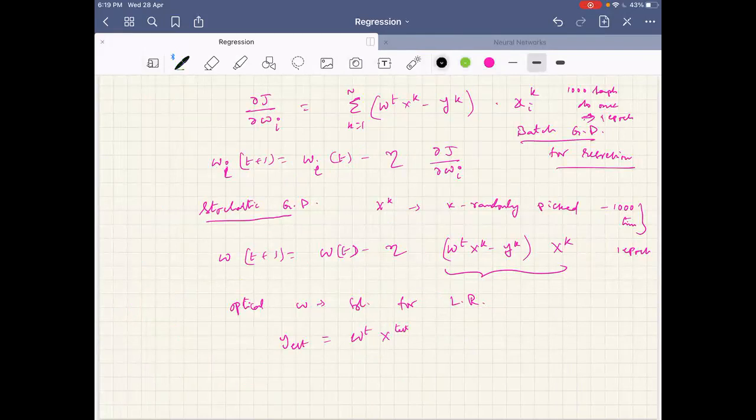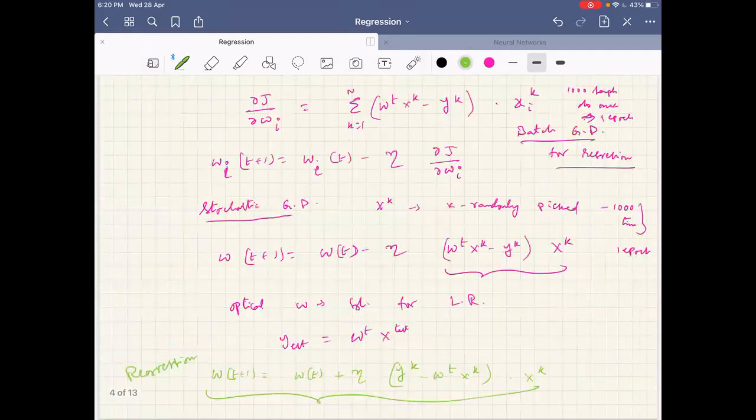So here, if I rewrite this, Wt plus 1 is equal to Wt plus eta times yk minus W transpose xk into xk, right? So this also has exactly the same expression. This is regression. Okay, so this expression and this expression, whatever we have got currently, are exactly same.